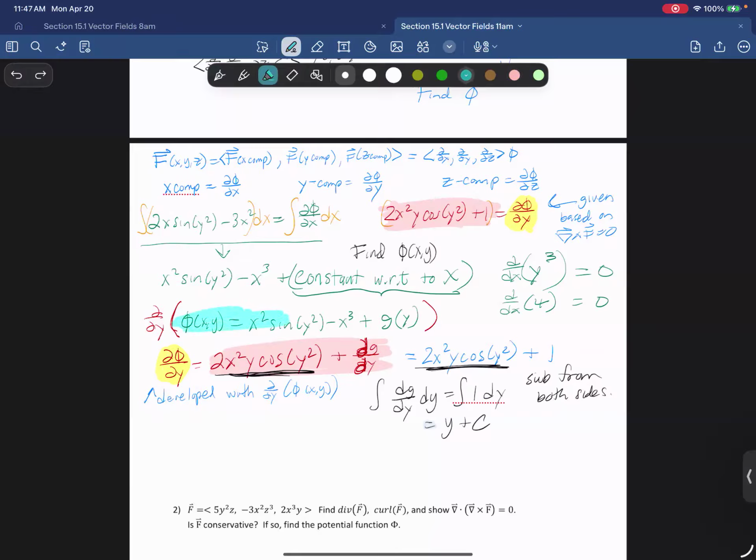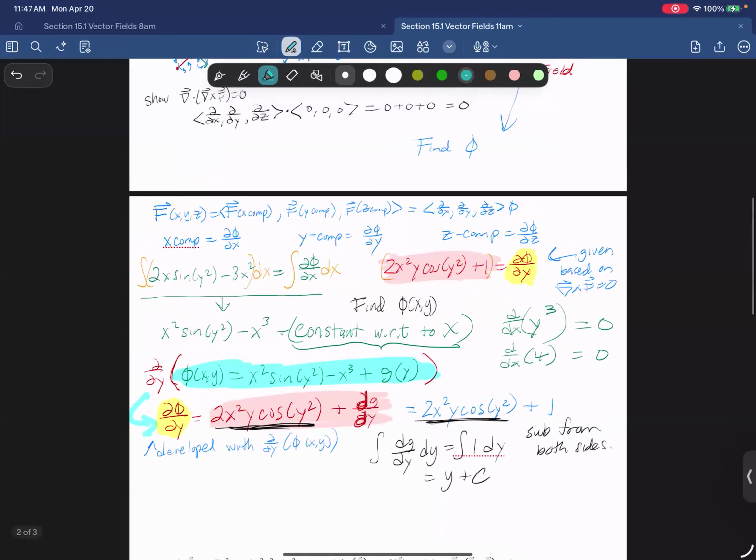We calculated a phi here, that gives us that one. So that's a d phi dy there, but we had d phi dy right here also, which was the y component of f. And they should be the same.